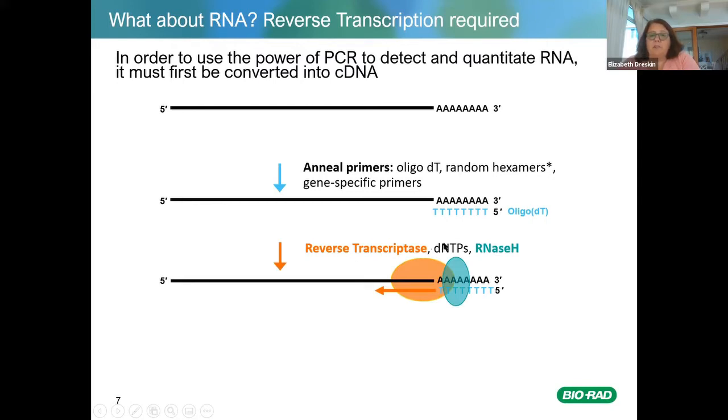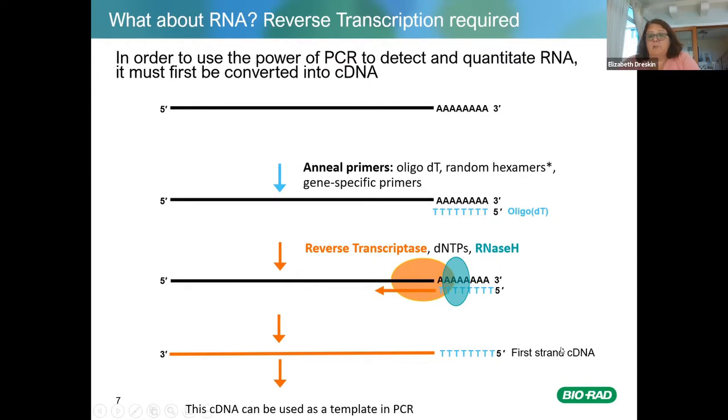Add a reverse transcriptase, usually which has RNase H activity associated with it, and dNTPs. The RNase H is important because it destroys this original RNA copy as it's being reverse transcribed, so that we keep our ratio of our starting material. And then we end up with a first strand cDNA, which can be used as a template in our PCR reactions.